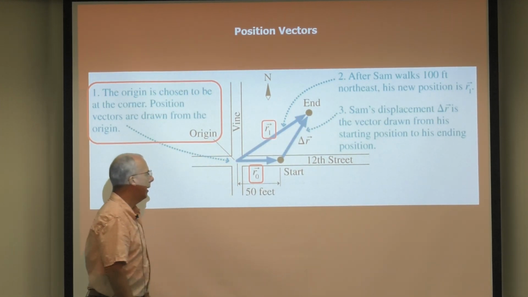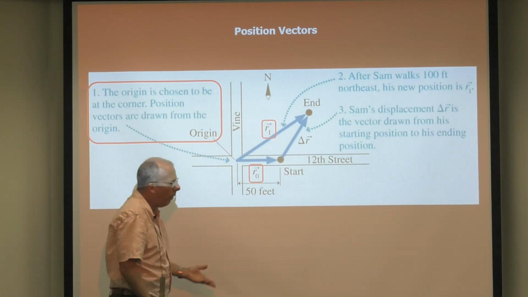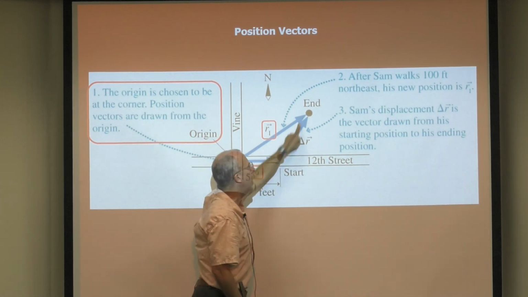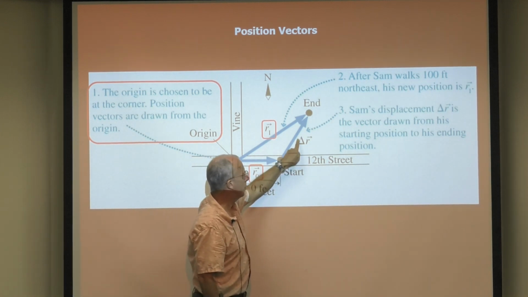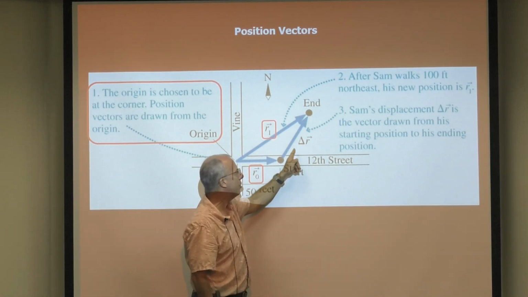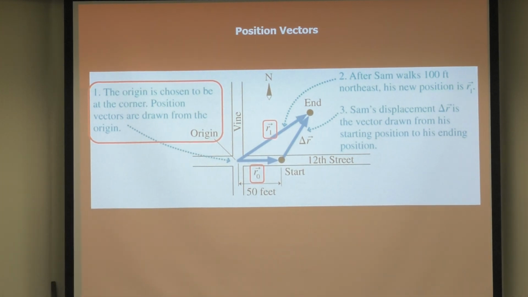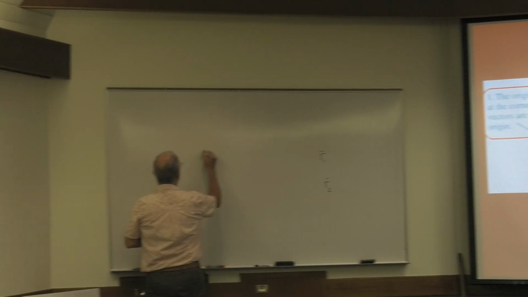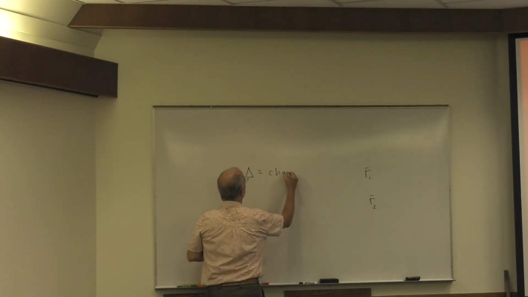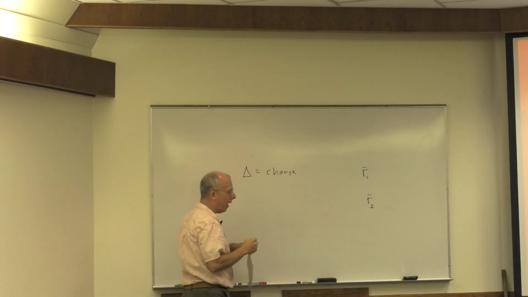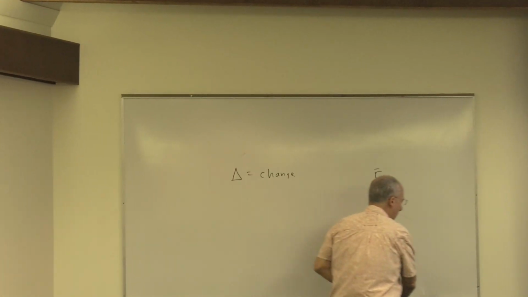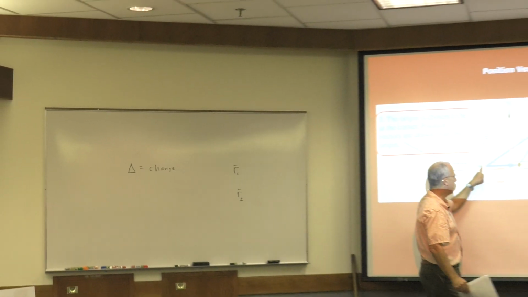Now, what's Sam really doing? He's going from here to here, right? So this is called the displacement, or the change in position. See that little triangle? That's not a triangle, it's a delta. It means change. We'll use it all the time in physics. So this is an initial position vector.